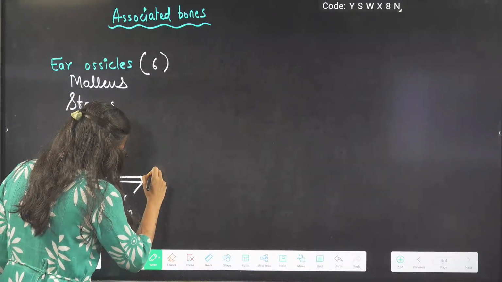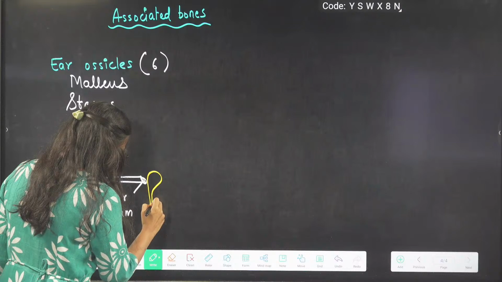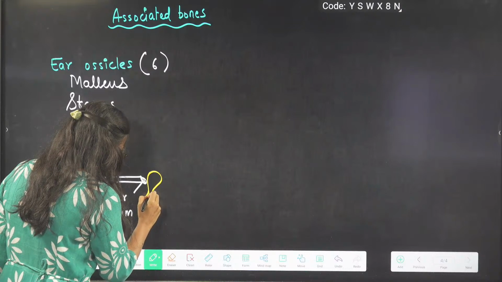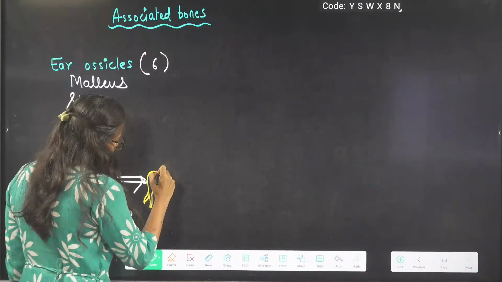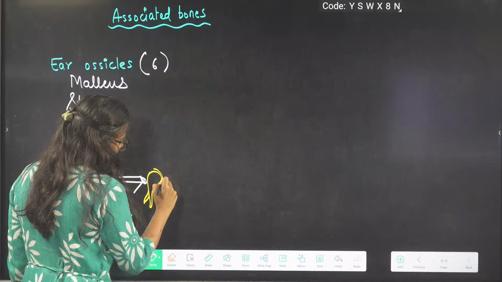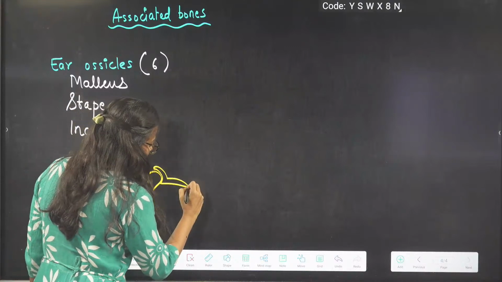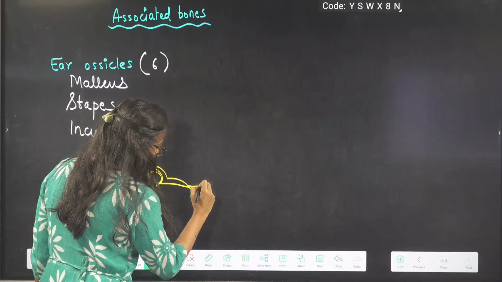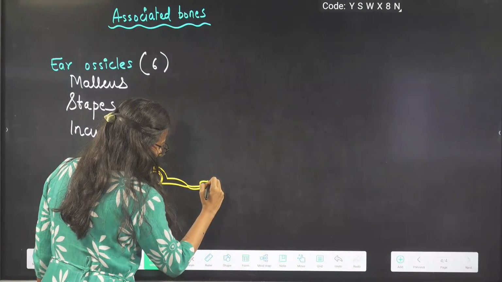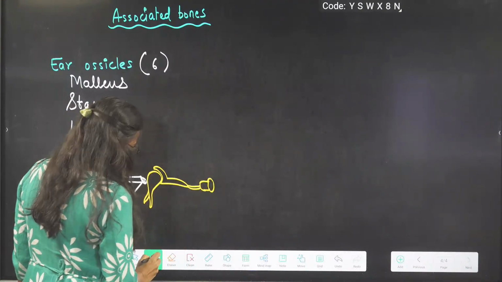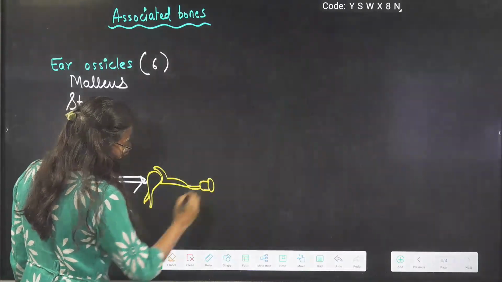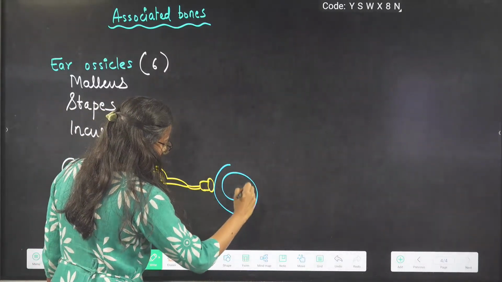It has a structure like this. The second bone, which is associated with it, somewhat has a structure like this. And then there is this third bone like this. Then you have another part of the ear like this.